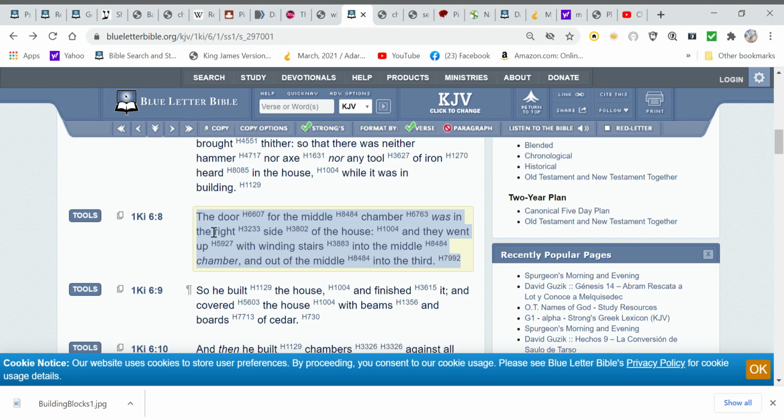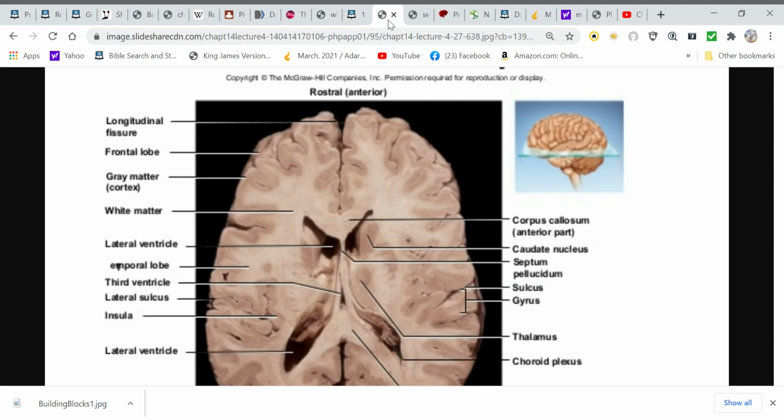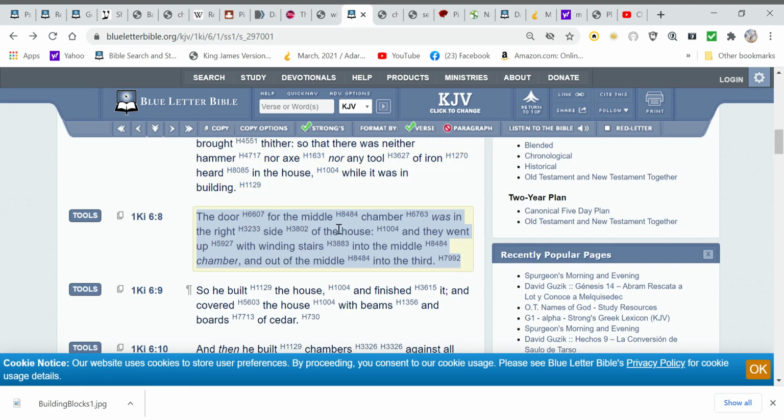It says, the door for the middle chamber. The middle chamber, what is the middle chamber? It is this third ventricle, okay? When looking at it from terms of the spiritual house, okay? The middle chamber, speaking about the middle chamber, the third ventricle, you'll see that clearly in a minute.